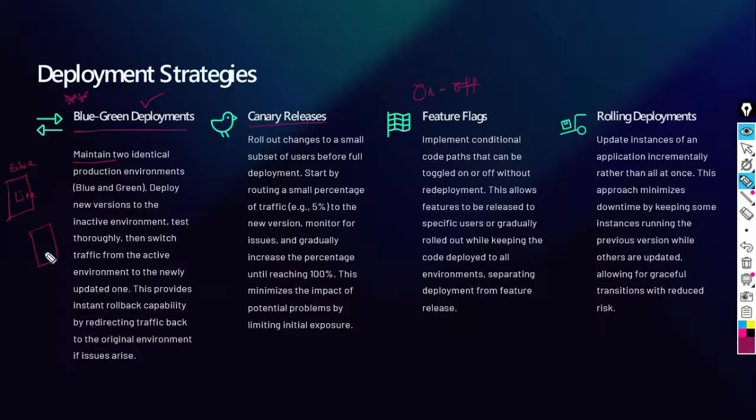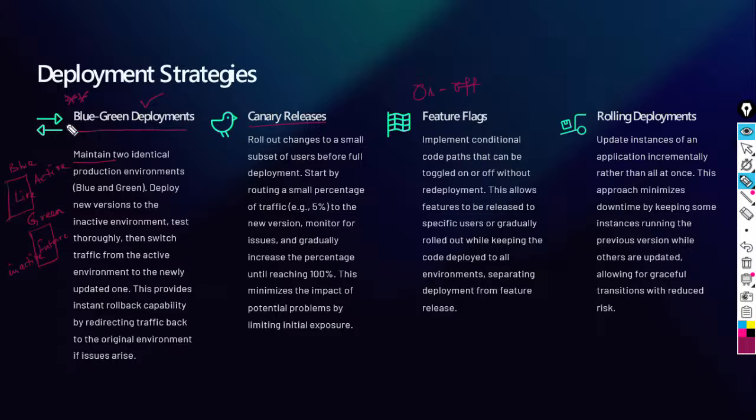And this is the future, the one that you are upgrading. So this is the green. Both are production, both should be running in parallel. Deploy the new version to the inactive one. So this is inactive, and this is live or active.